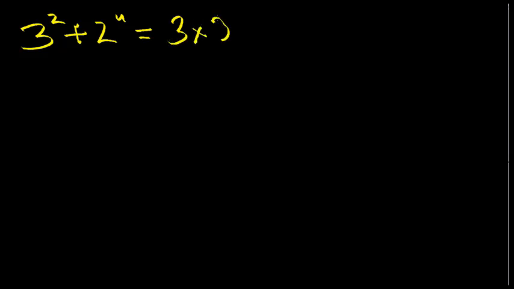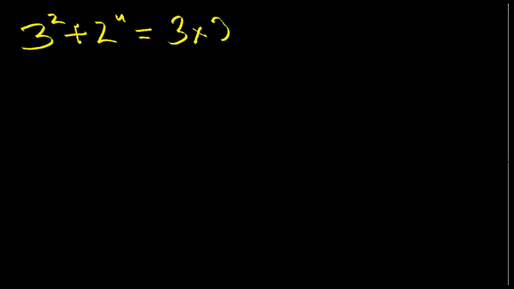Let's work out a few problems here. Say we have a question like 3 to the power of 2 plus 2 to the power of 4. How we would actually solve this is, first we would take the exponents, expand them and put them as a multiplication problem, and then we would just solve it out. So 3 to the power of 2 is equal to 3 times 3.